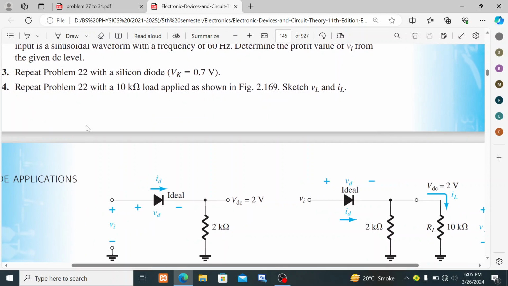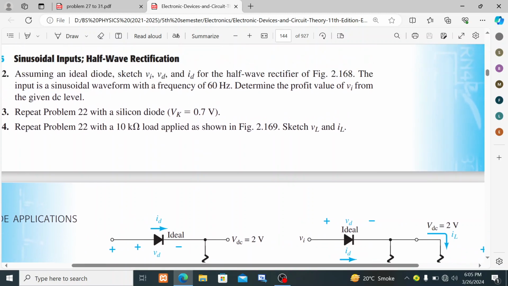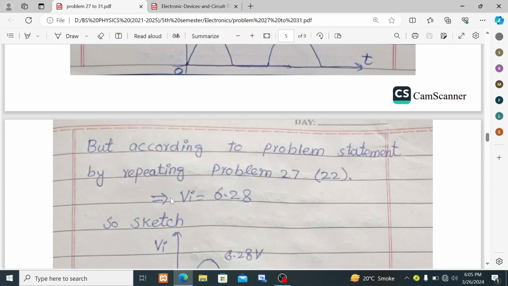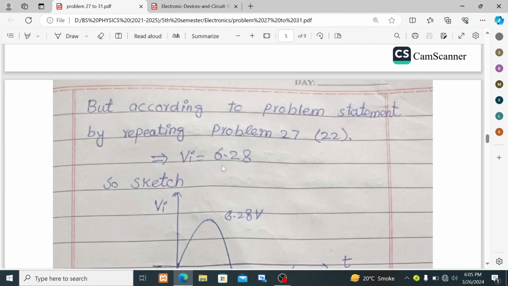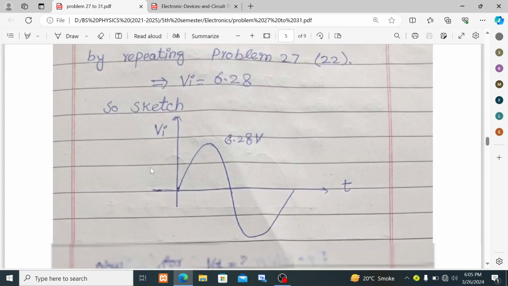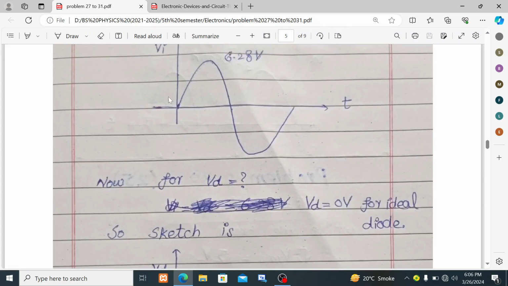But according to the problem statement, repeat problem 22 or problem 27. Okay, this one was problem 27 of the printed version. So again, now we have to repeat problem 22, find Vi, Vd and Id, and sketch them. Vi we have already found, that is equal to 6.28, so we sketch this one, this is Vi.